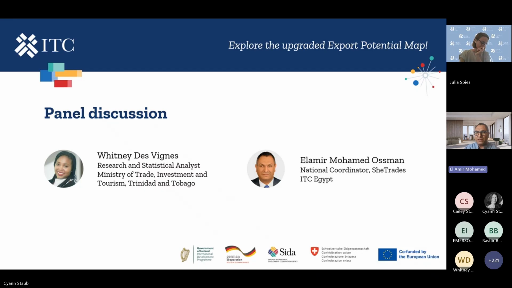And this is something I see from the presentation today and from the launching of the new update or version of Export Potential Map will help a lot these institutions and SMEs to improve their performance, each one in their mandate.